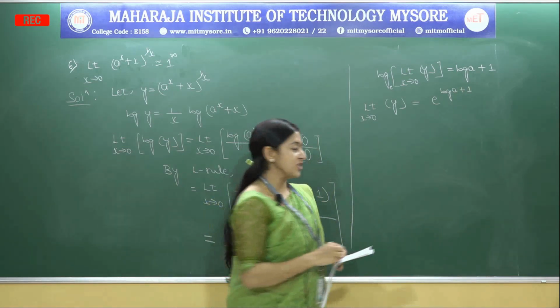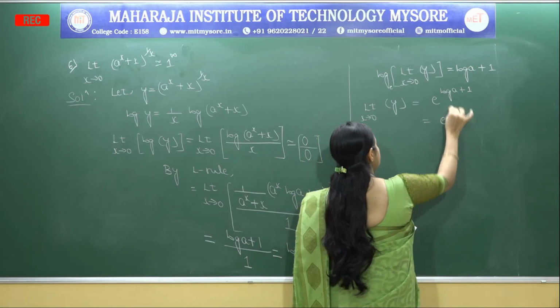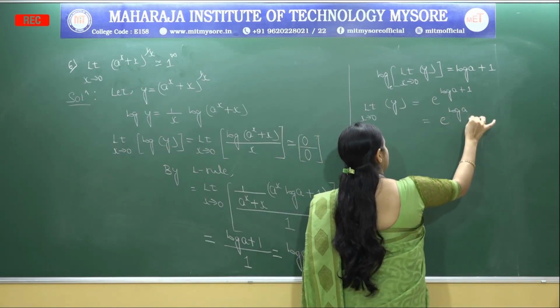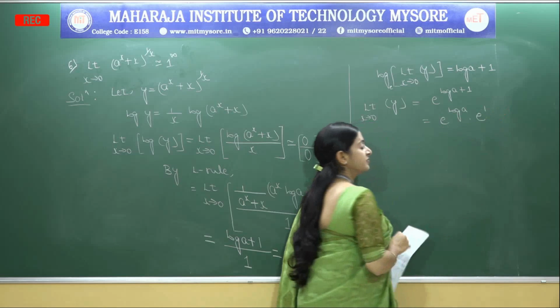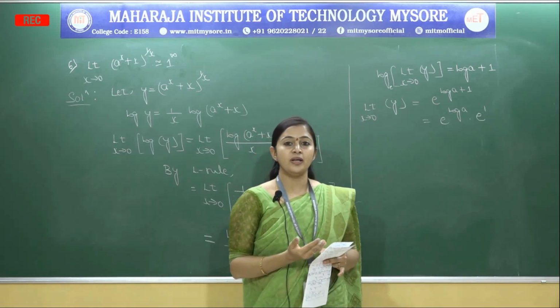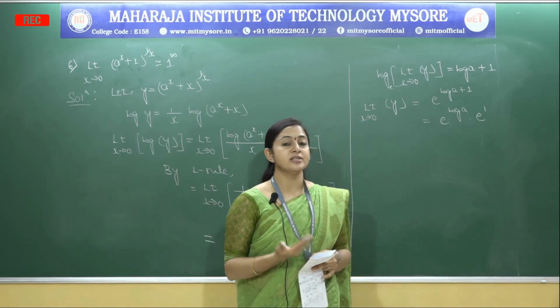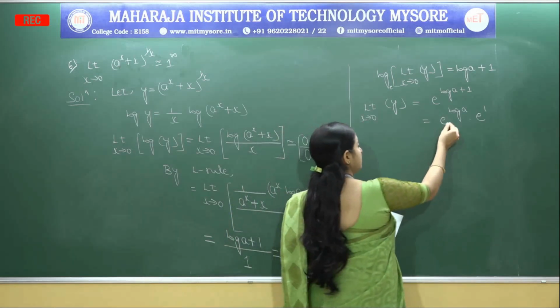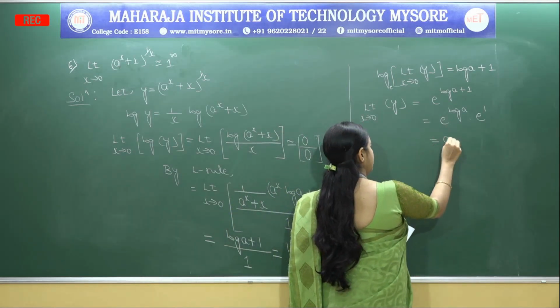You can spread the exponential power. It is e power log a into e power 1. Since you know the property e power log a can be written as a, you can write this part as a.